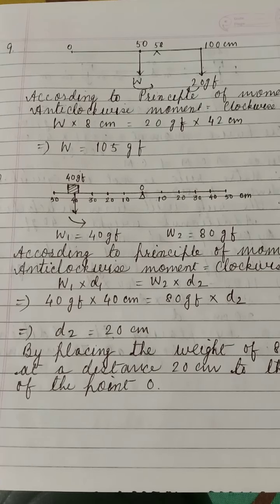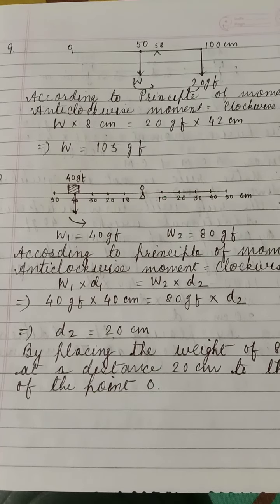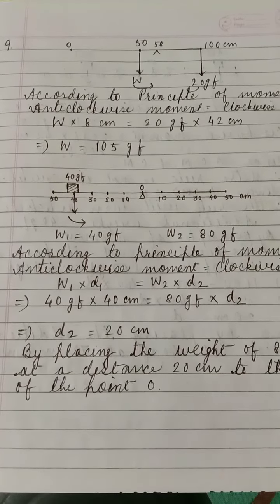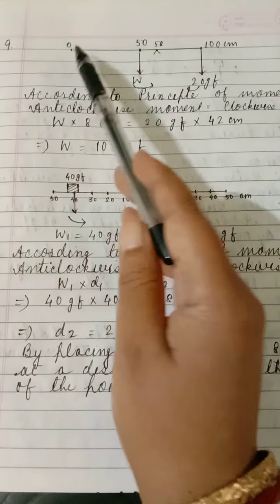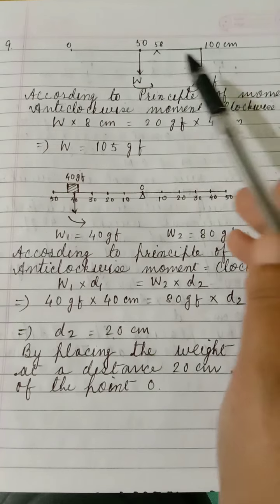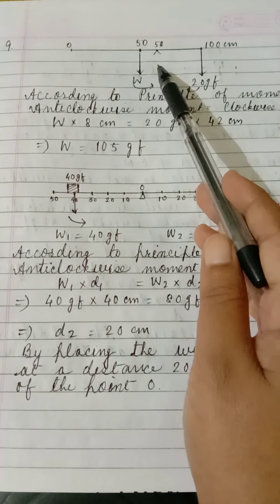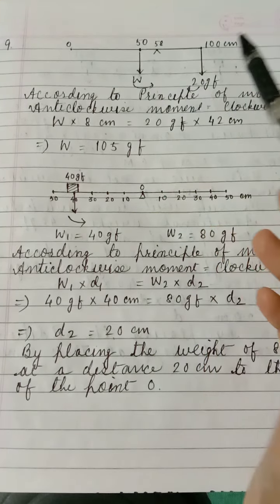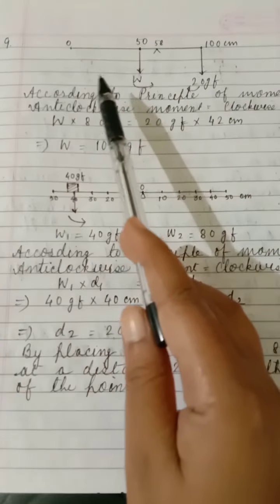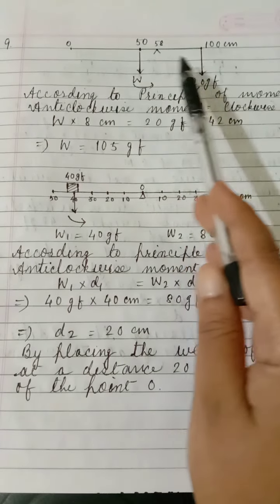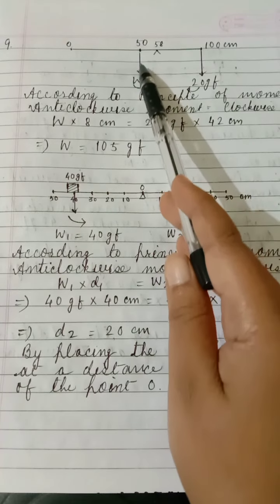Now question number 9. A uniform meter rule balances horizontally on a knife edge placed at the 58 centimeter mark. So again a uniform meter rule is here. If this is 0, then this is 100 centimeter, and it is balanced on the 58 centimeter mark when a weight of 20 GF is suspended from one end. We always have to remember that the whole weight of the meter rule acts at its midpoint.